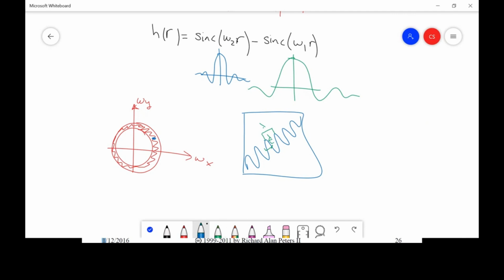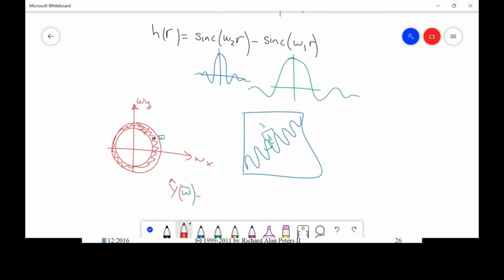Now, think of the Fourier transform at that point. What is that? At a particular frequency, so only one frequency. Let me make my frequency blue. So I'm only considering that frequency. What is that?